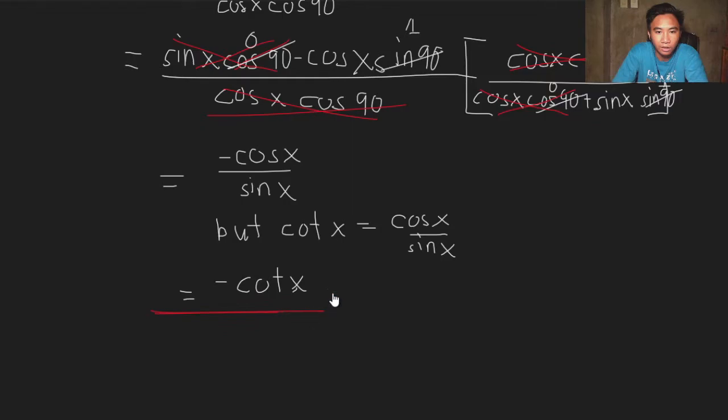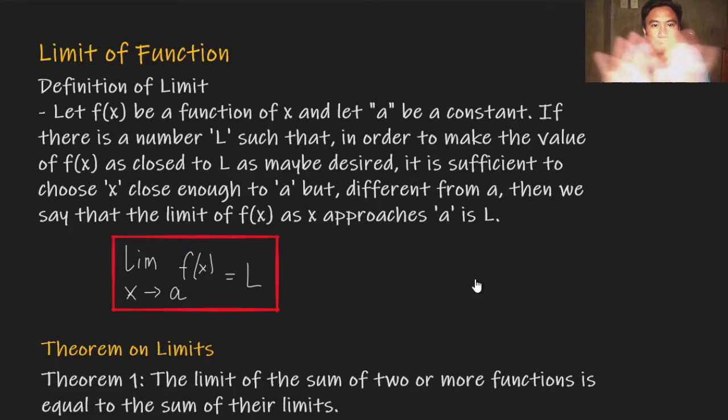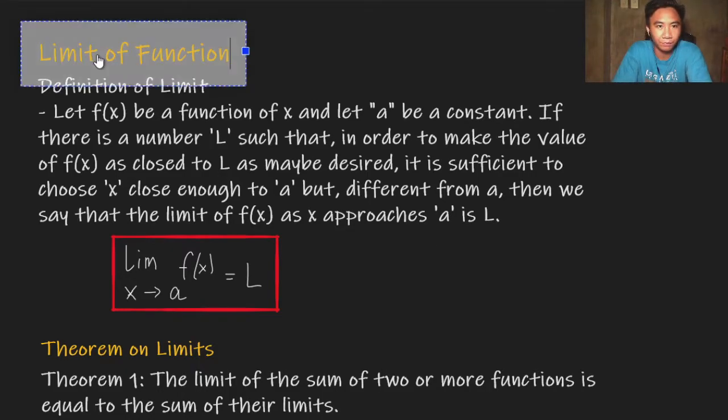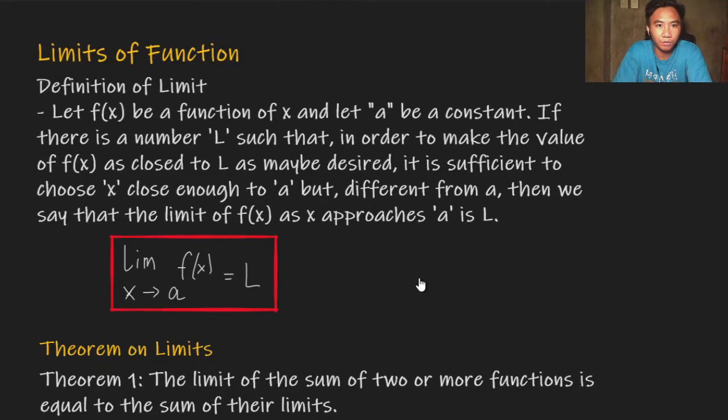So, let's dive into the limit. Boom! Here we are at limits of a function. The definition of limit: let f of x be a function of x and let a be a constant.